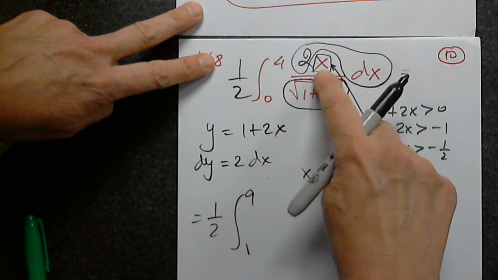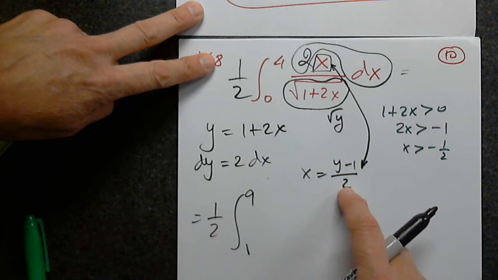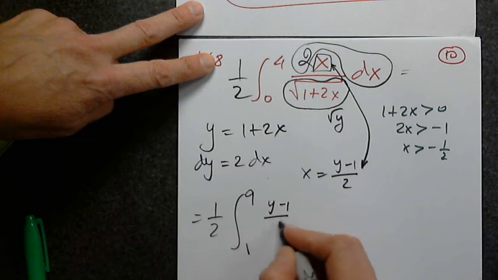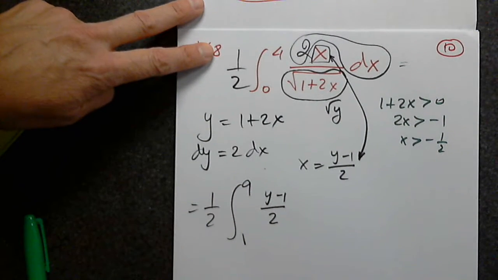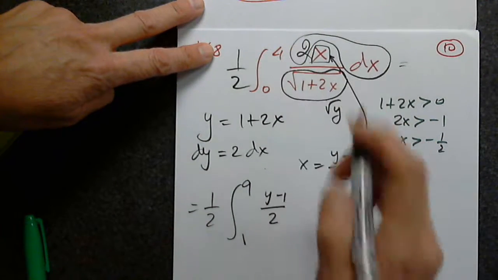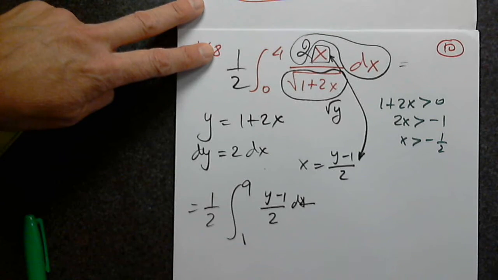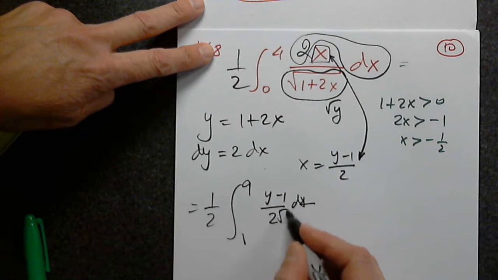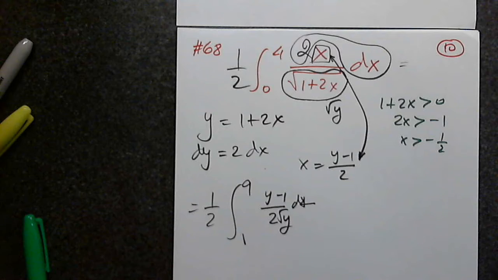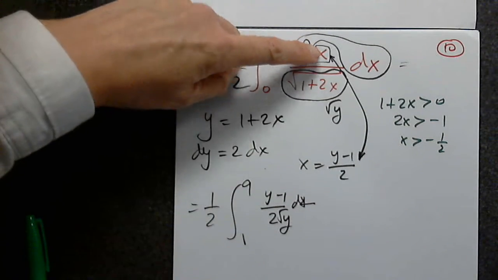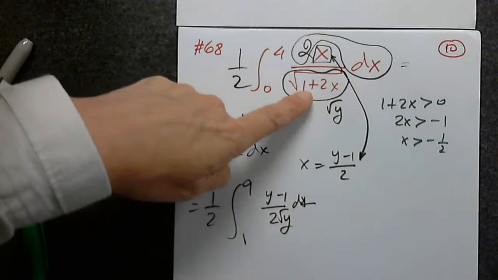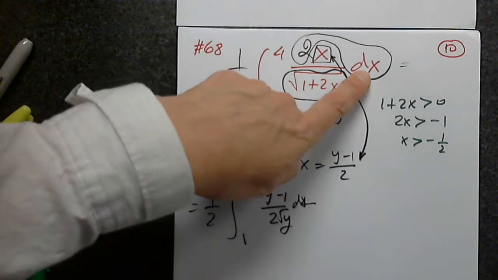So I replace this x by y minus 1 over 2. I replace this by dy. And I replace this by the square root of y, in the denominator, of course. So this one is in the numerator as y minus 1 over 2. This one is in the denominator. And then I have dy.